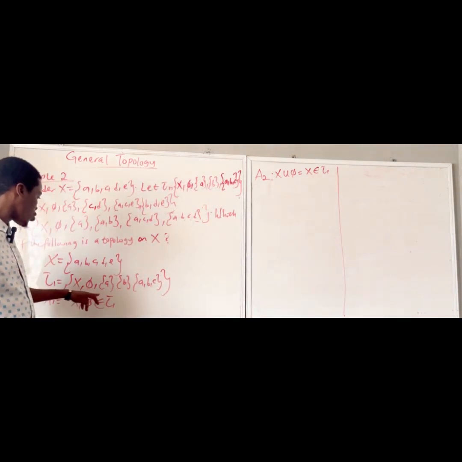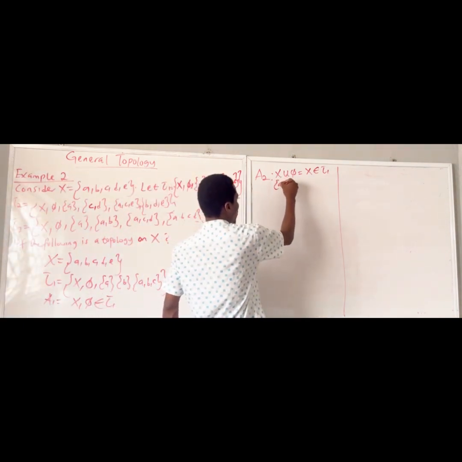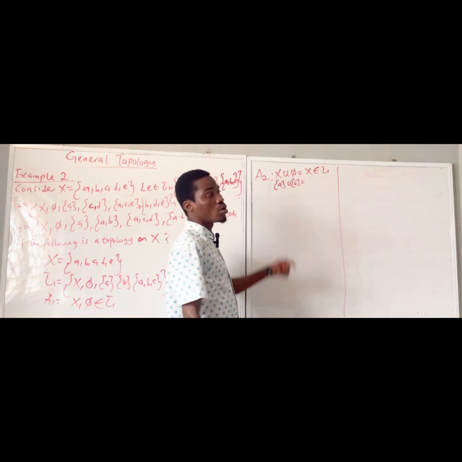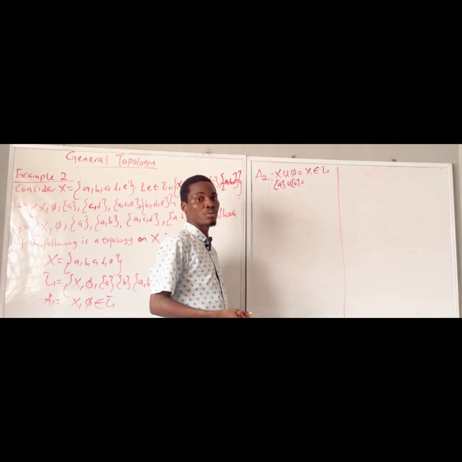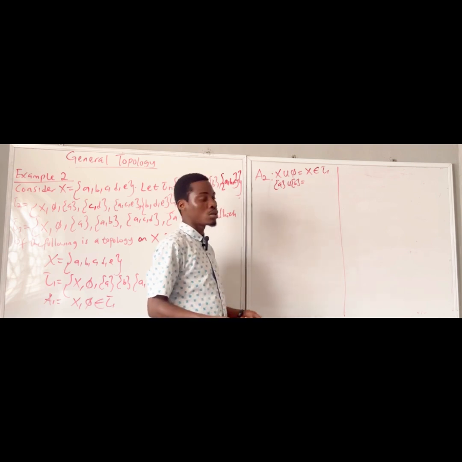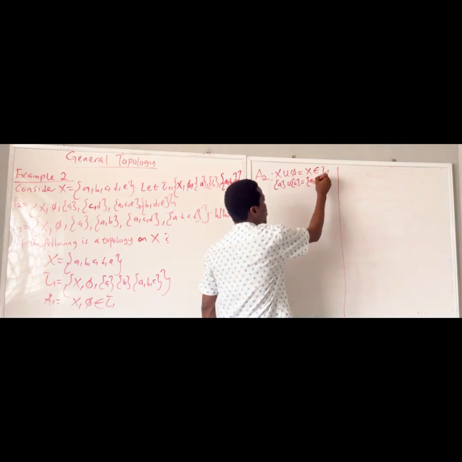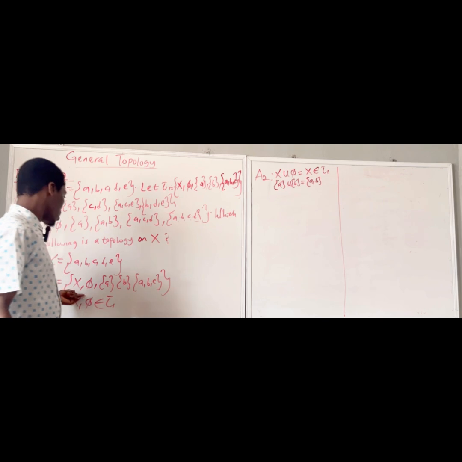We are going to consider {A} union {B}. A union B is what? The elements present in A and in B. A union B, we are going to have {A, B}. So can we find {A, B} in Tor 1?